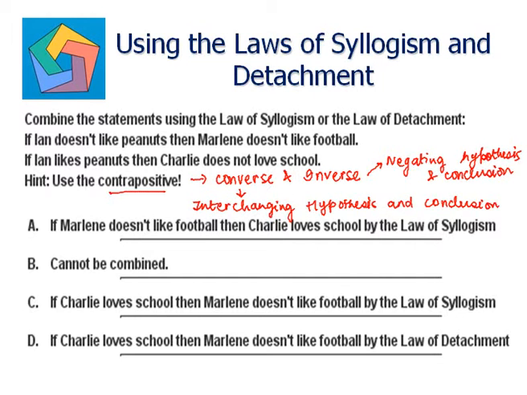So here, let me take the second statement. If Ian likes peanuts, then Charlie does not love school. Now the converse of this statement would be, if Charlie does not love school, then Ian likes peanuts.